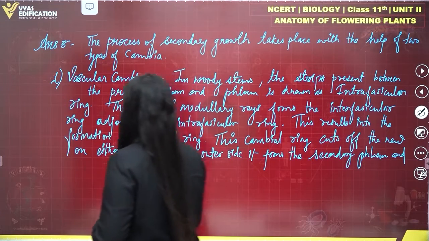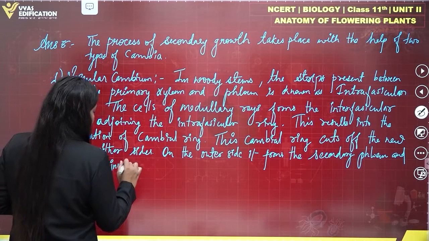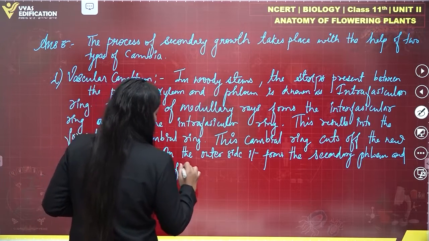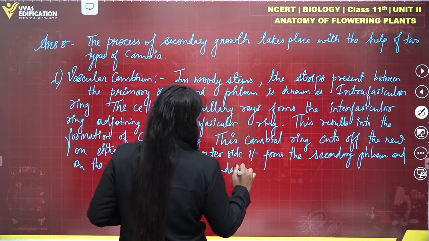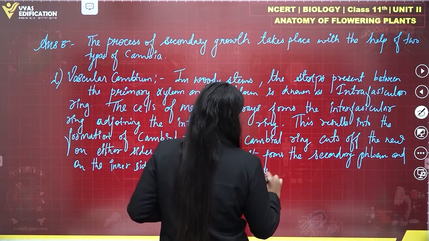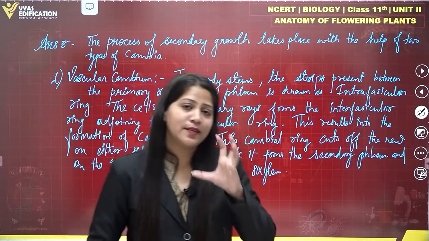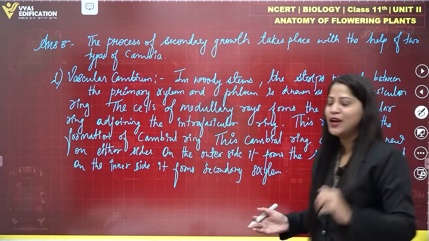And on the inner side, it forms secondary xylem. Remember that secondary xylem always produces a large amount as compared to secondary phloem.